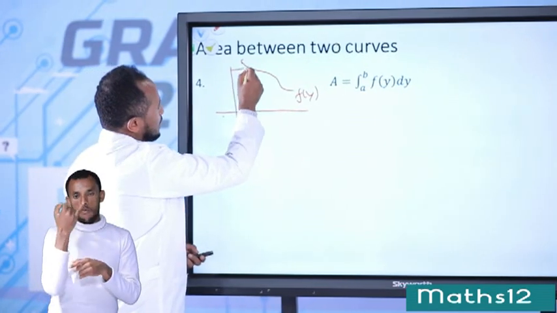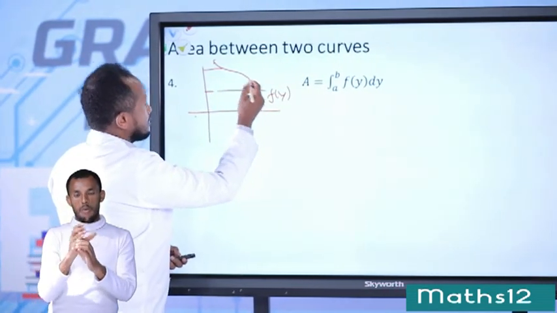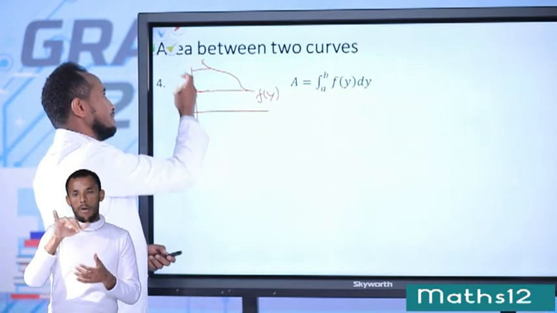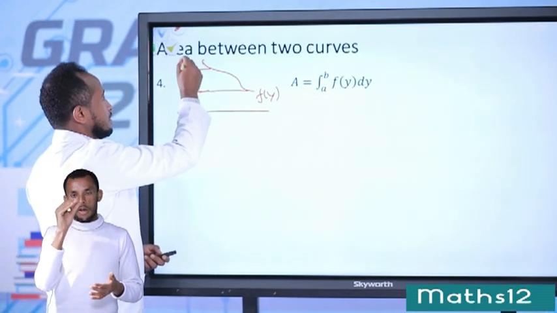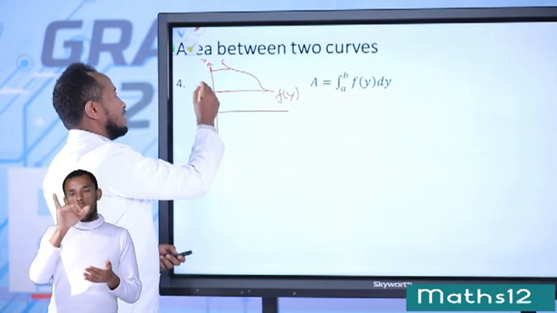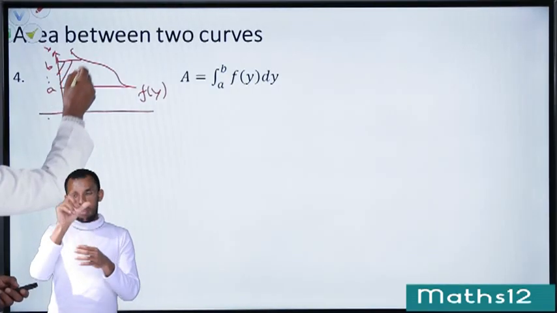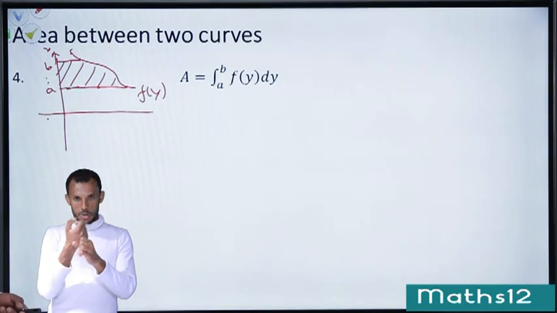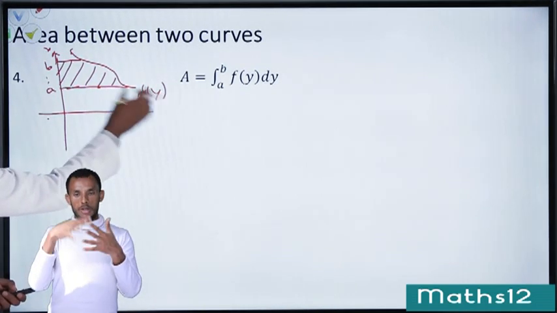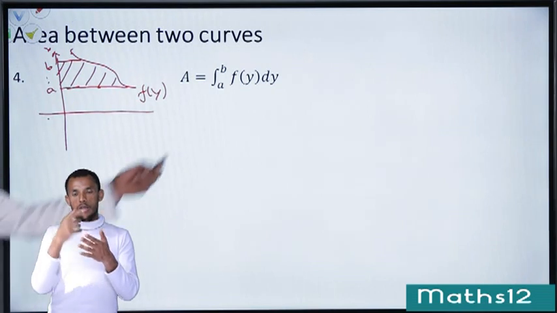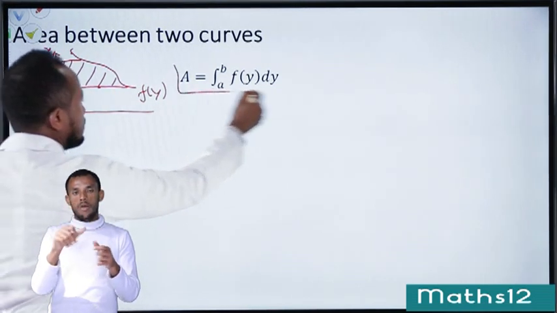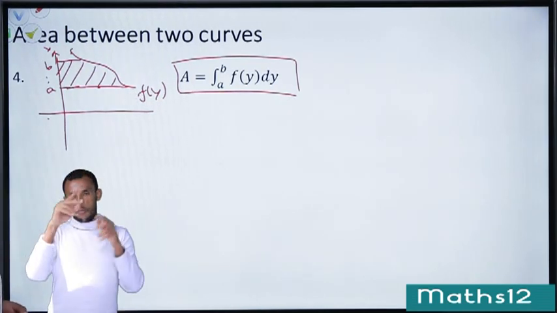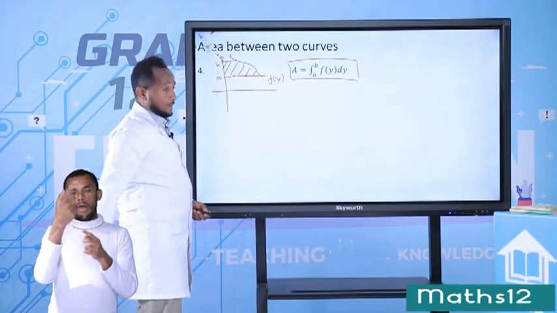If you are asked to calculate the area or the region bounded by this curve and y-axis on the interval a to b, simply you integrate this function on the interval a to b. So this is a formula. Area is equal to simply the integration of the function f of y from a to b.